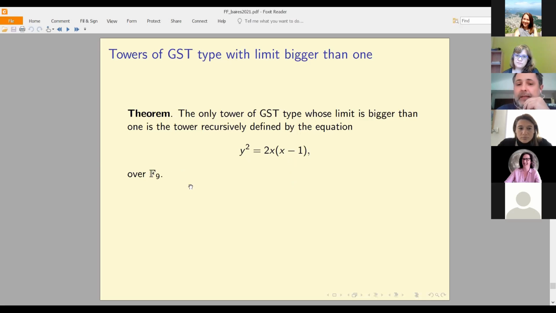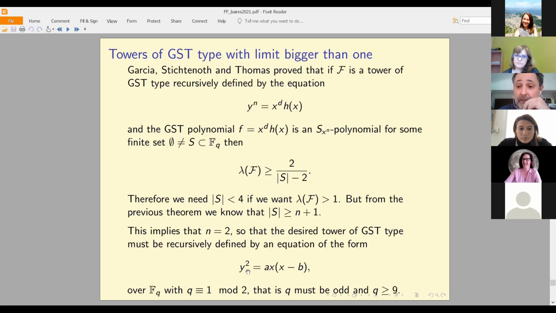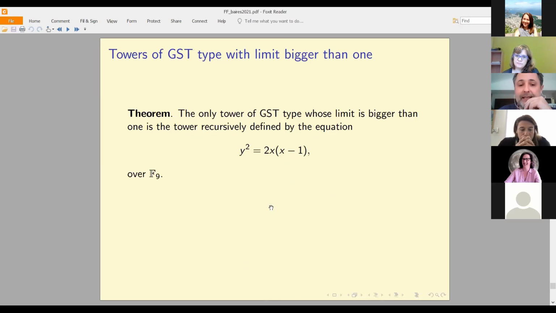In what sense is that the only one? Any other quadratic tower of this shape that is asymptotically good will be exactly like this equation after a change of variable. So there are infinitely many towers, but they all have to be equivalent to this one here. So there is actually one, and it is over F9.